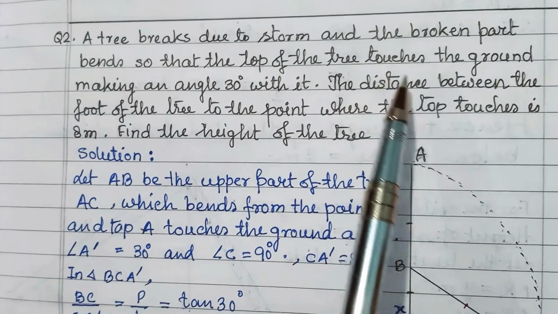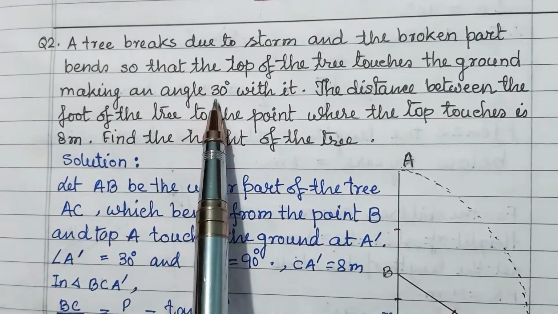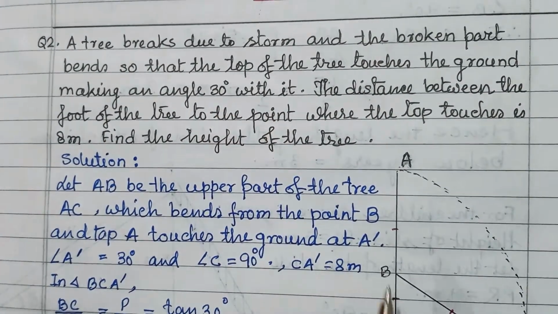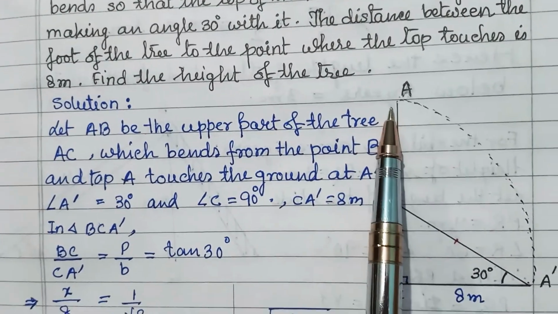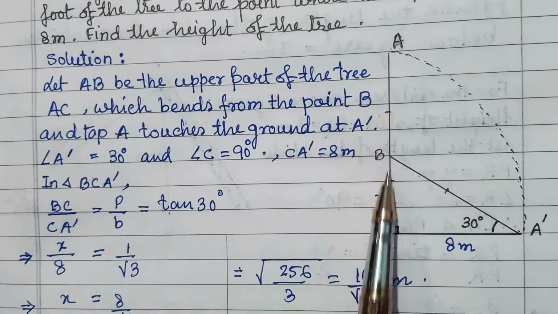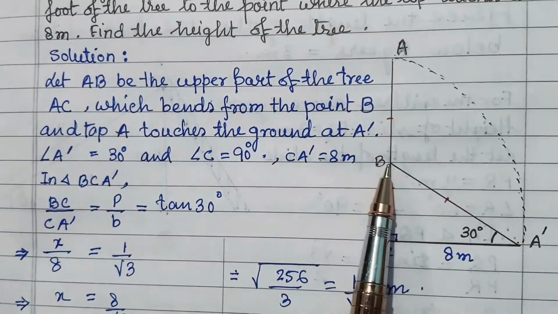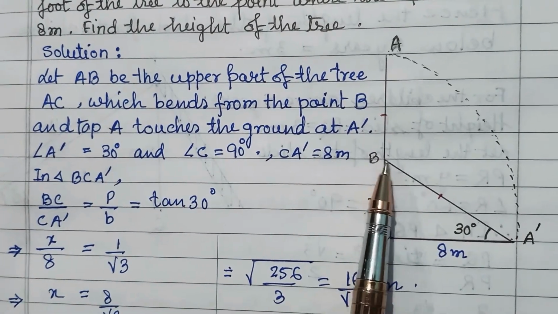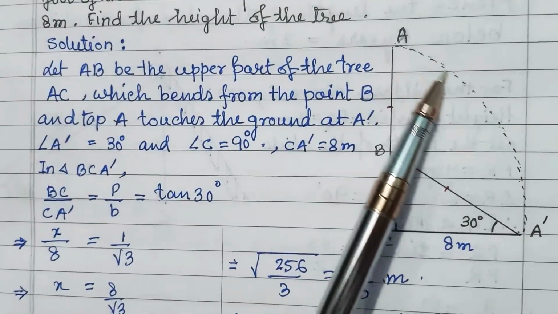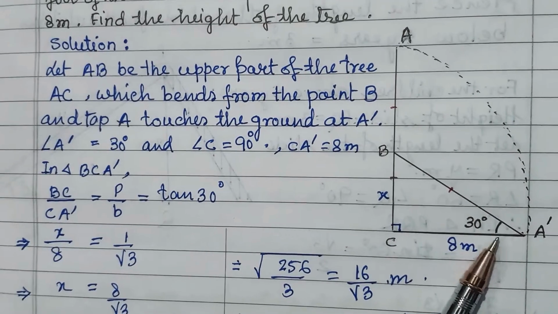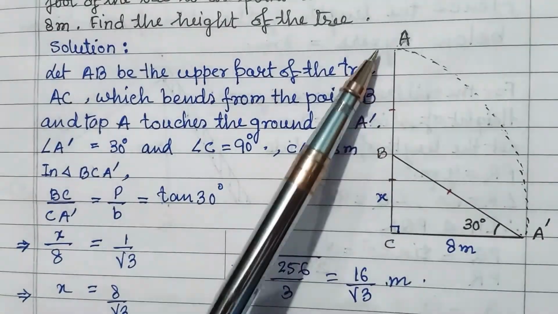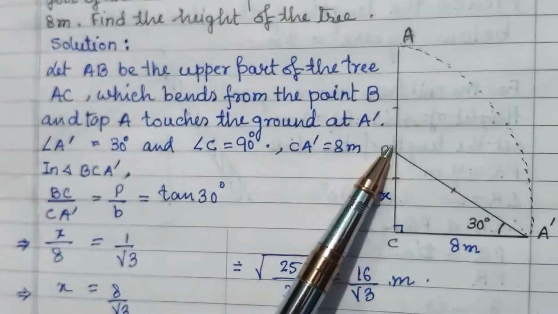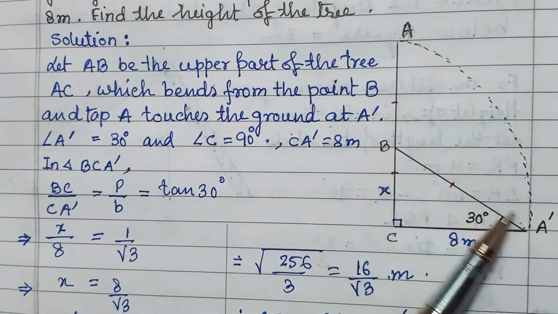Next question. A tree breaks due to storms and the broken part bends so that the top of the tree touches the ground, making an angle of 30 degrees with it. Now the whole AC is the length of the tree. The tree is broken at B and the broken part touches the ground, so AB is equal to BA dash.